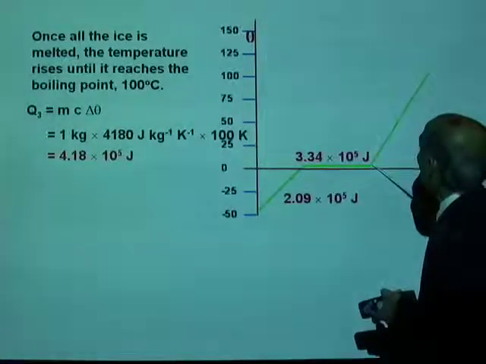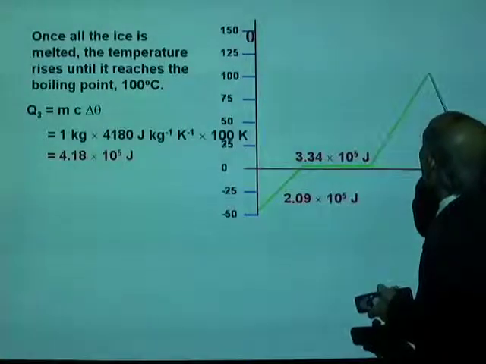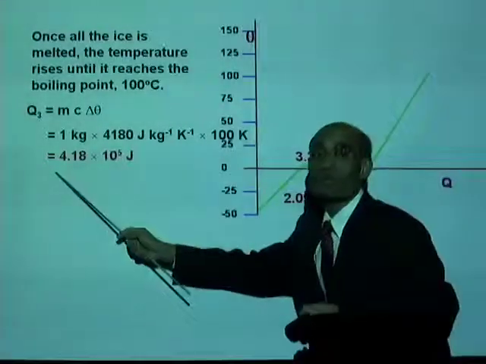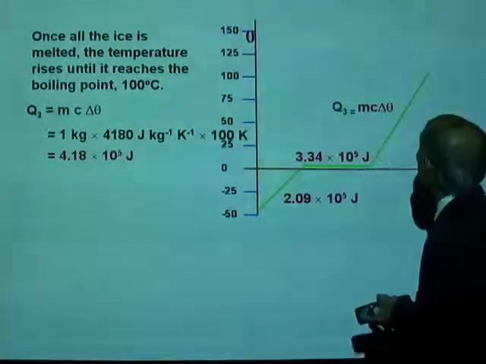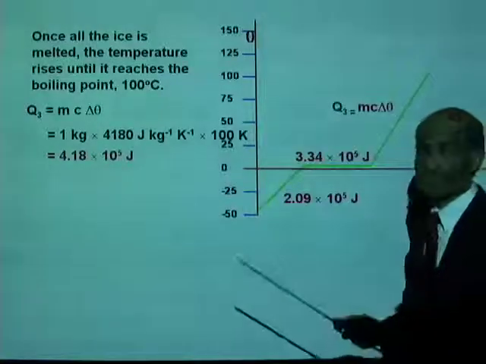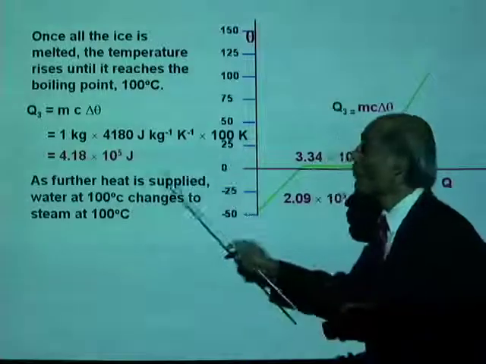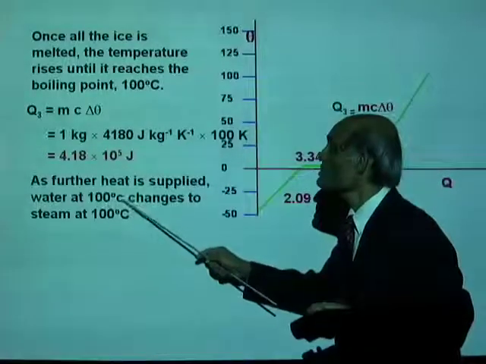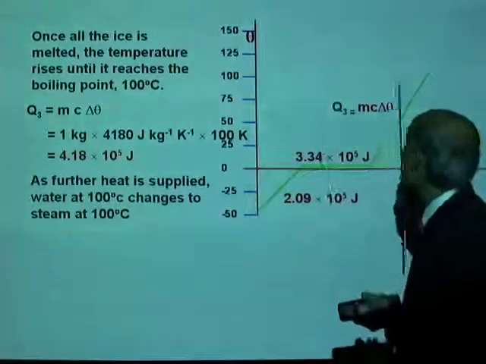So, water increases its temperature from 0 degrees to 100 degrees, absorbing this much amount of heat. Q3 equals m c delta theta. Now, as further heat is supplied, water at 100 degrees Celsius changes to steam at 100 degrees Celsius.